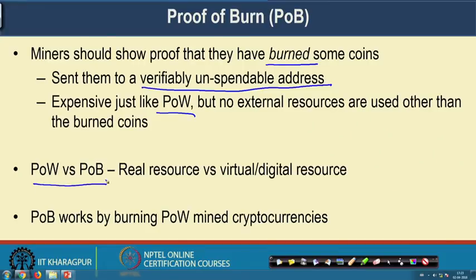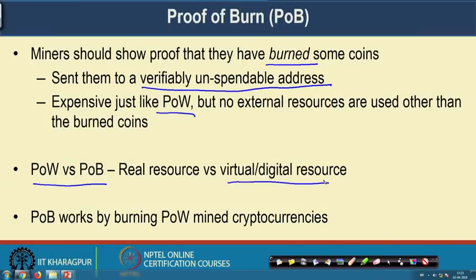So, the difference between proof of work and proof of burn is that in case of proof of work you are utilizing real resources, whereas in case of proof of burn you are utilizing virtualized or digital resources. But remember that all these proof of burn or proof of stake mechanisms came after proof of work.